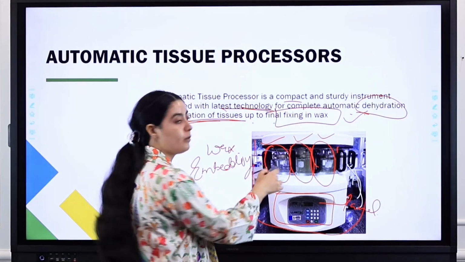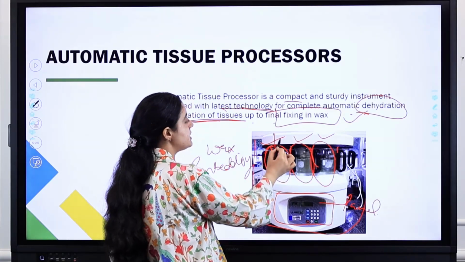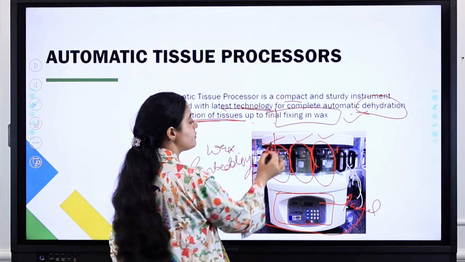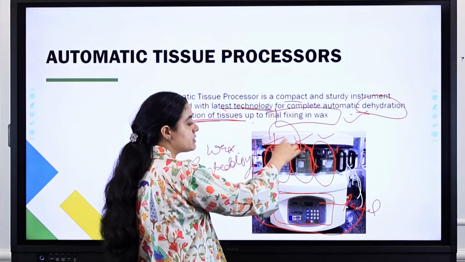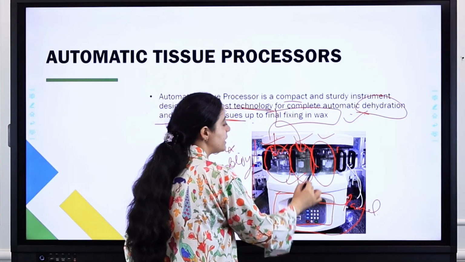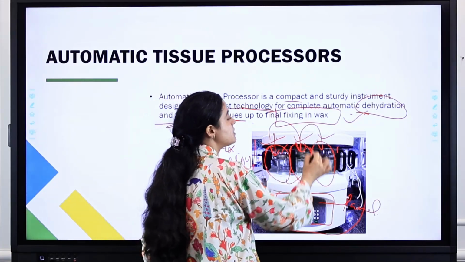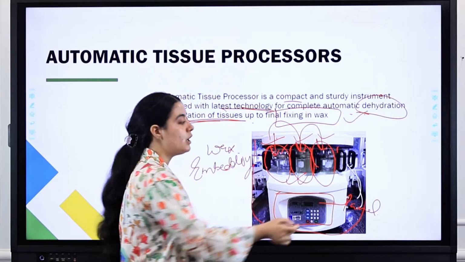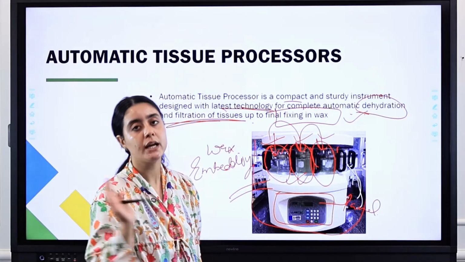So they can rotate and the slides can also change. First you put the slides here, then the slides automatically change from this beaker to this beaker. When the process is completed in this beaker, the slides will automatically change to the next beaker and so on. So this machine will automatically process your tissues till embedding.